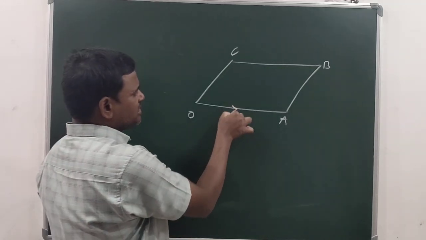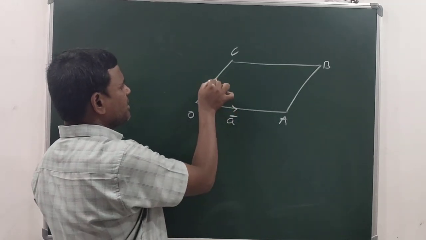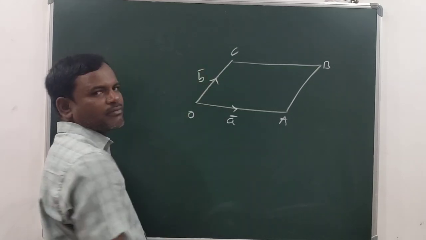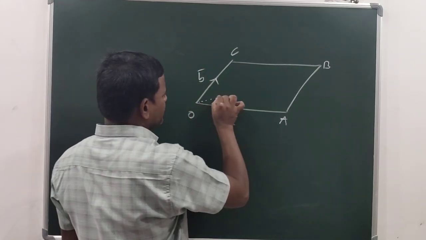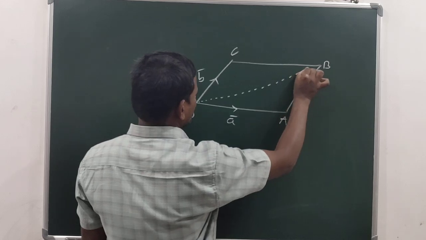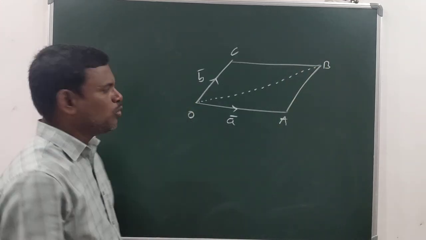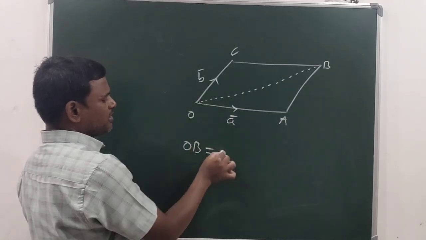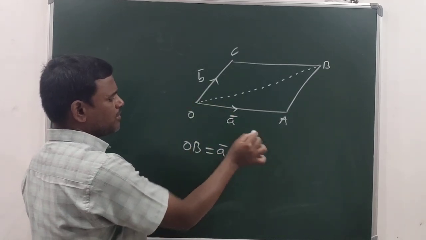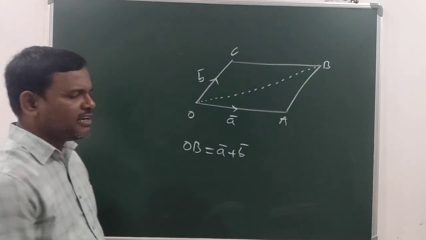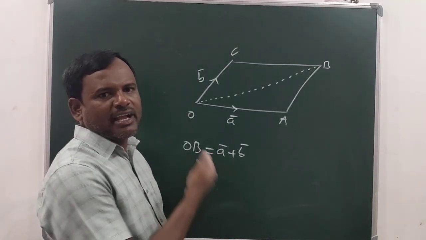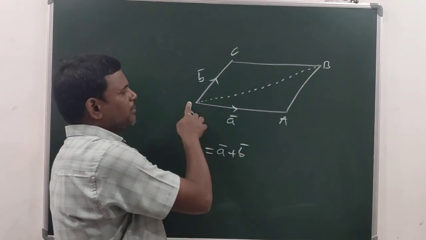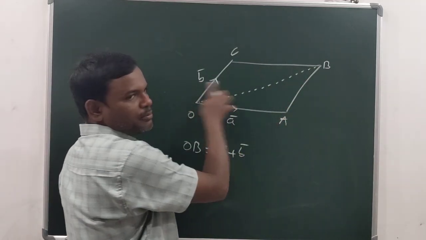Now OA vector is given as A bar, OC vector is given as B bar. Then this diagonal OB is the sum of these two vectors, A bar plus B bar. How will we get it? By the triangle law of addition only, because in a parallelogram these opposite sides are parallel.